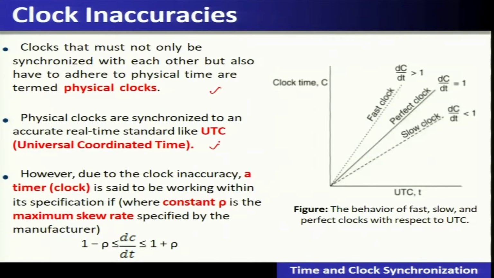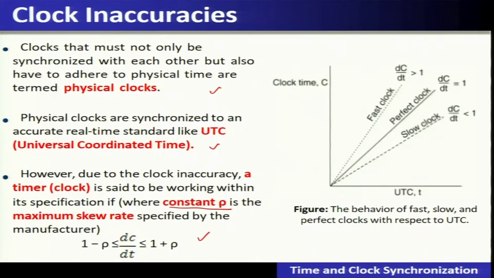Universal Coordinated Time is considered to be the correct time, and all the other clocks are required to be synchronized with that time. However, due to clock inaccuracies, a timer or a clock is said to be working within the specification if there is a constant rho, which is the maximum skew rate specified by the manufacturer.